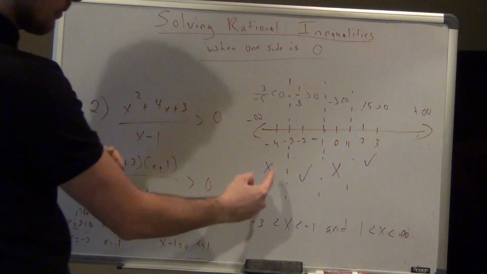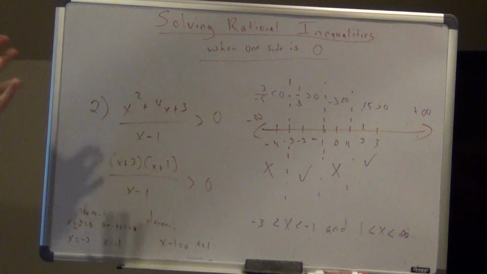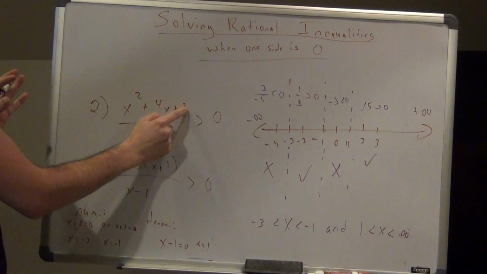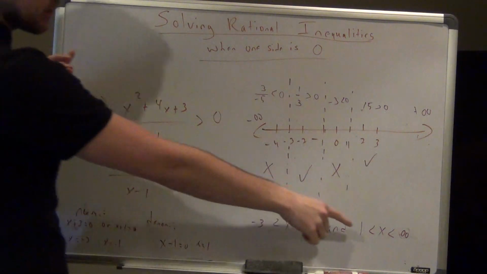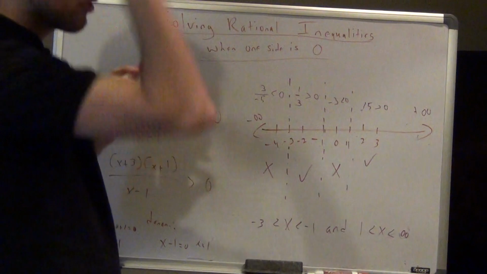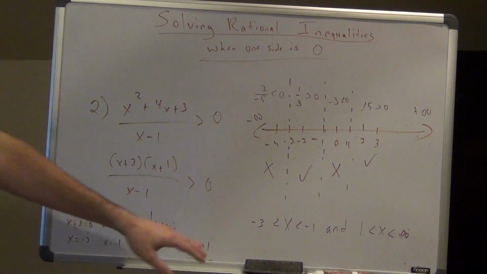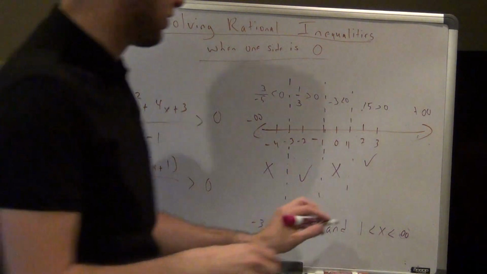You're basically writing all the intervals that work. That's your answer. If I plug in anything between negative 3 and negative 1, it would work, as well as anything greater than 1. So anything greater than 1 or anything between negative 3 and negative 1 will work. So this is my answer here.